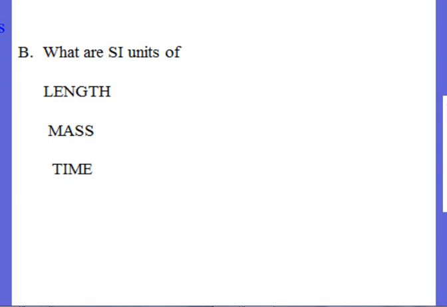We need to put numbers on exactly how beautiful it is and exactly how big it is, because mathematics is going to be our essential tool in discovering the relationships and the nature of the universe. And so we are going to put numbers on things.